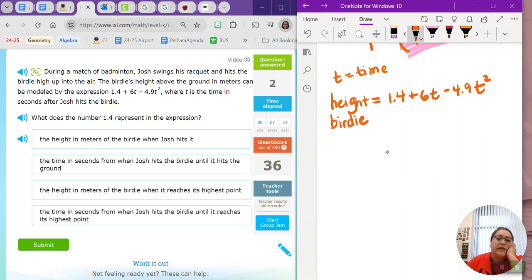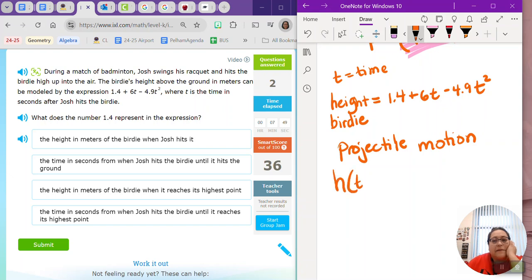So this is projectile motion. And when you do your homework and other assignments, you will find that projectile motion goes like this.